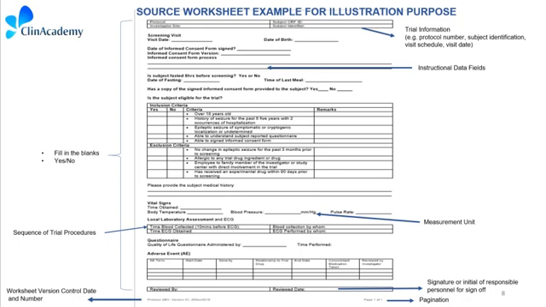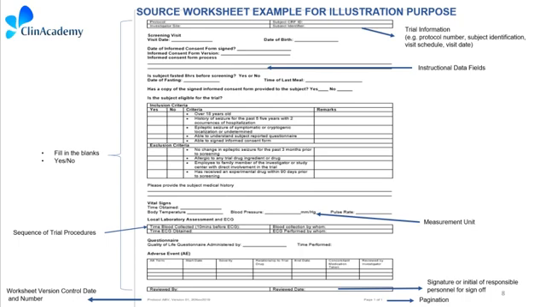The source worksheet will generally capture the sequence of trial procedures which prompt site personnel to complete. It will also specify measurement units that need to be included in the source data.